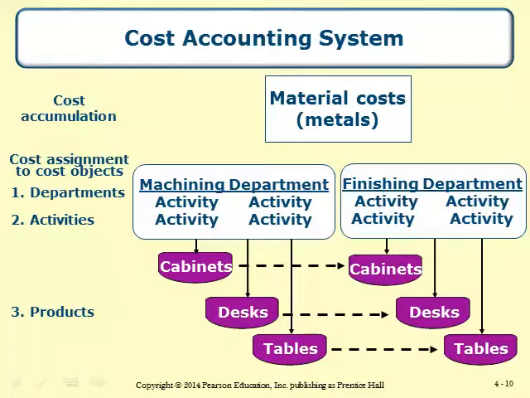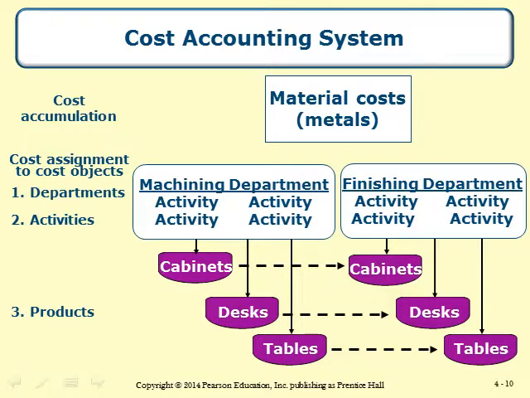And so here is a simple illustration of these two basic processes for material costs. First, the system collects the cost of all materials. Then it assigns these costs to the departments that use the materials and further to the specific activities performed in these departments. Last, the system assigns the accumulated cost to the products made, such as cabinets, tables, or desks.